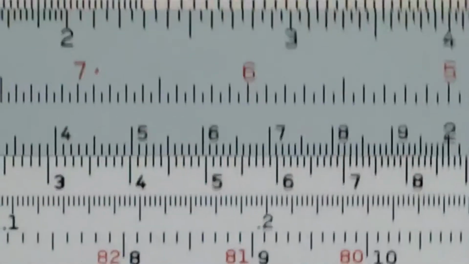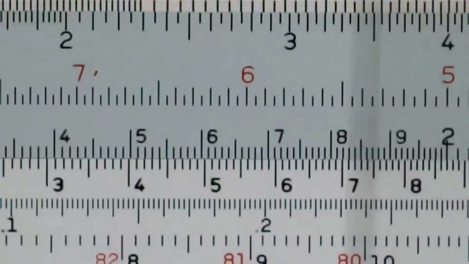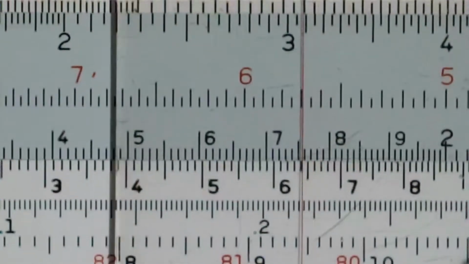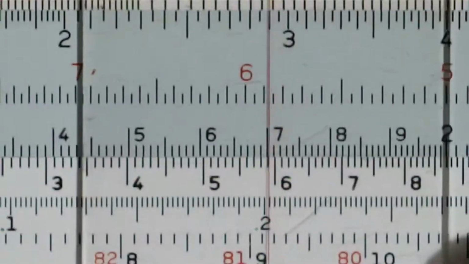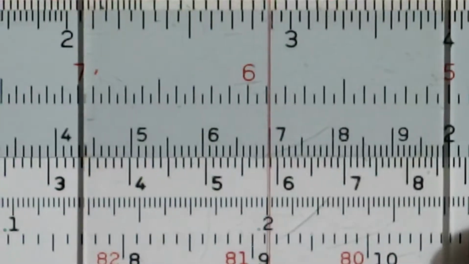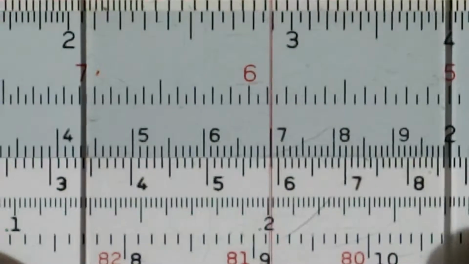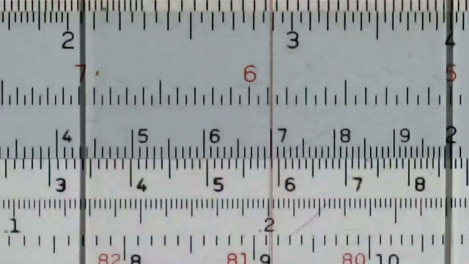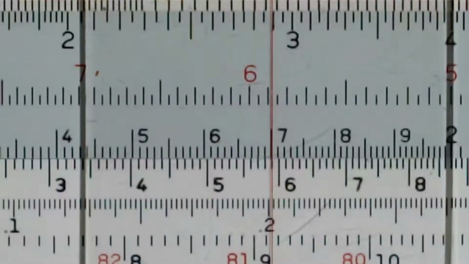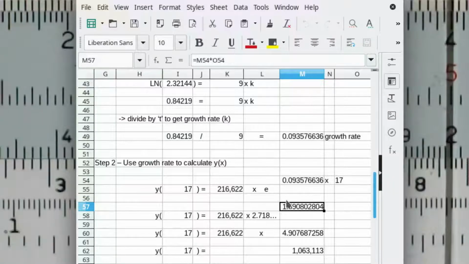So this is 1, 11, 12, 13, 14, 15, 16, 17 in the blue. So bring our marker here, 17. Is that 5.9, sort of there, somewhere there, 1.59, and that's sort of 1.591 is the expected answer.